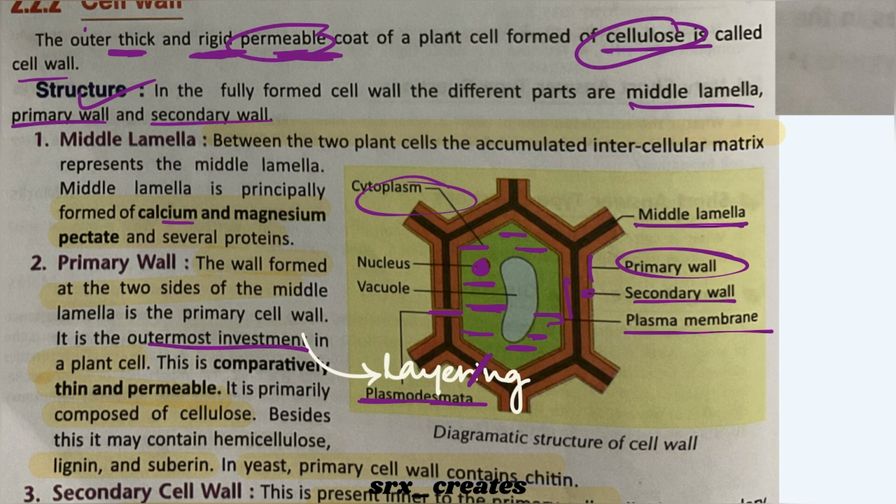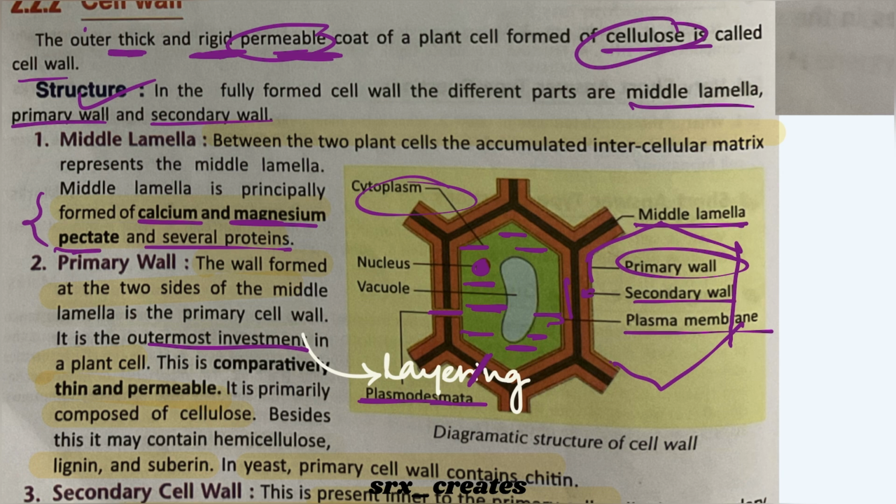The middle lamella is formed of calcium, magnesium pectate, and several proteins. Okay, this is the ingredient, and it is between 2 plant cells. Means if there is one more plant cell, let's say this is one more plant cell, so it helps to join 2 or more cells together.